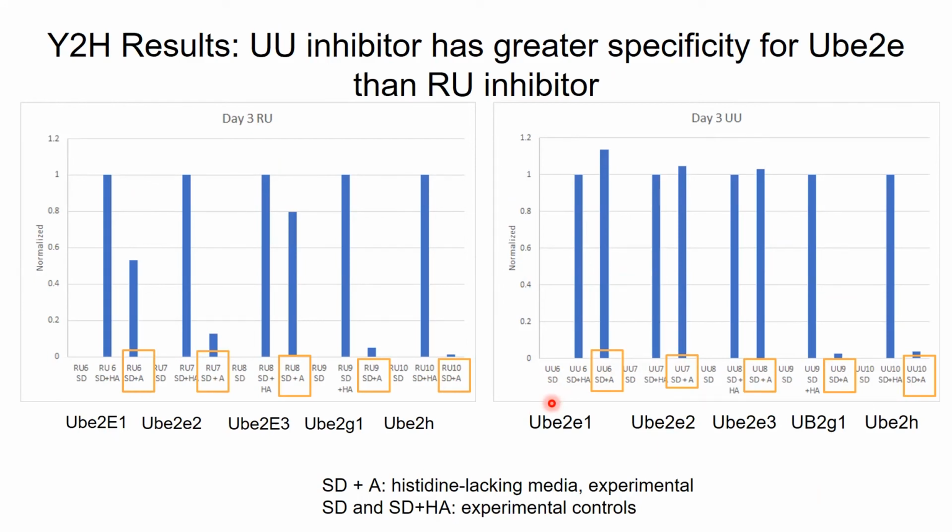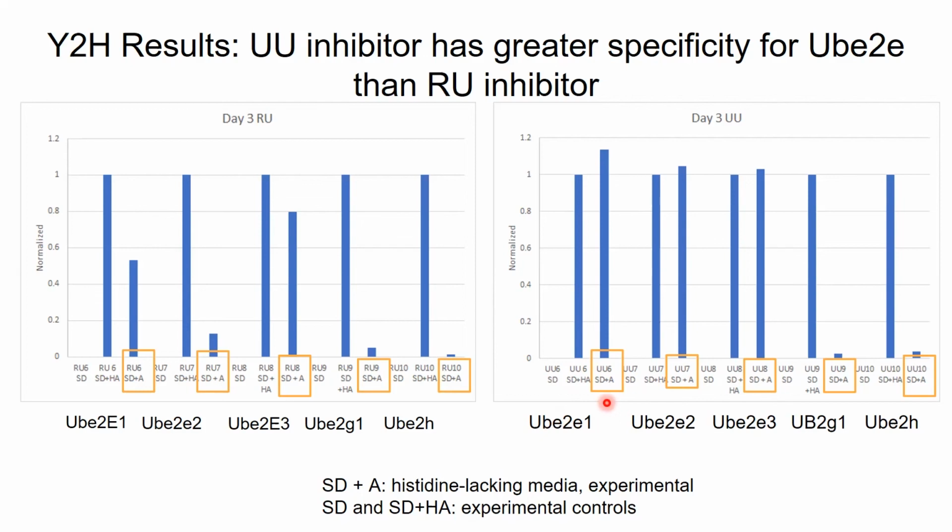And for the second, the SD plus HA, if you just give everything the yeast needs to grow before you even run whether or not the proteins are going to be conjugated, the yeast are going to grow regardless of whether or not the proteins conjugate. And for the actual interesting experimental trial, it is SD plus A.